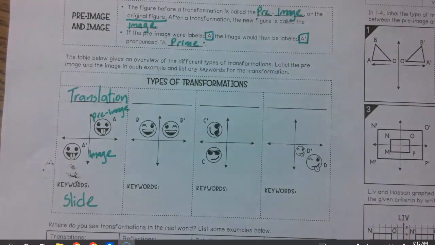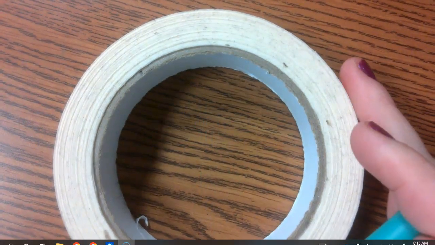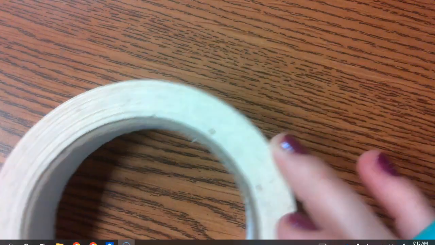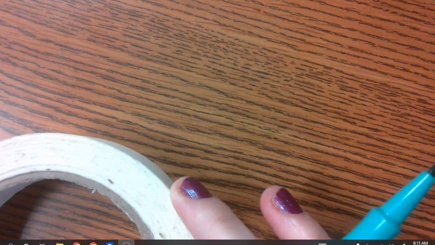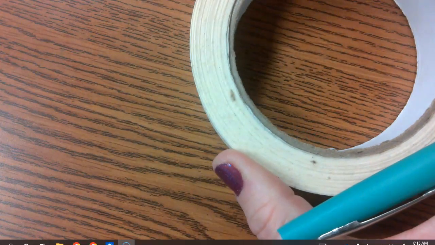So if we were thinking about this, what happened to the smiley face? Okay, well, I'm going to think of the smiley face just like it was this roll of tape. The image started off in this corner, and we slid it over to the other corner. Okay, nothing else changed. The size was the same, everything else.